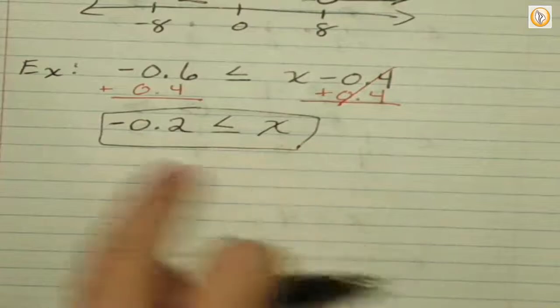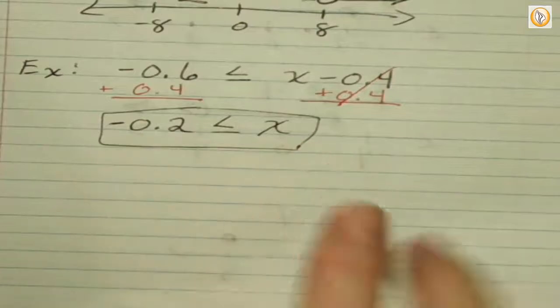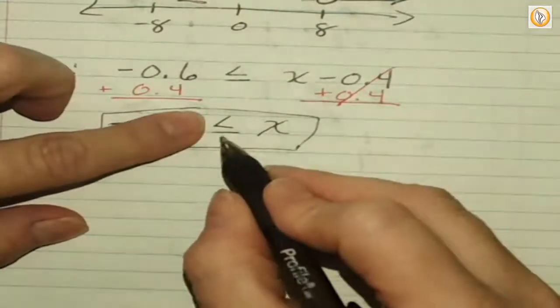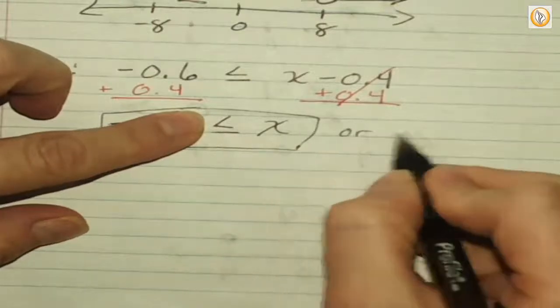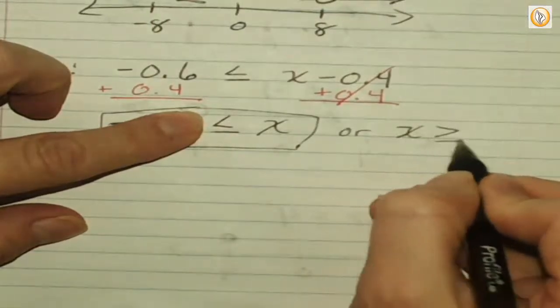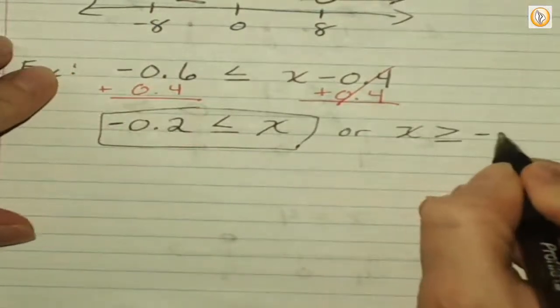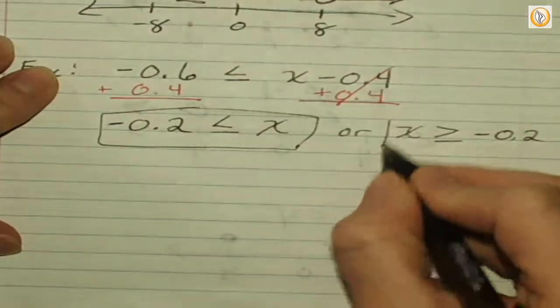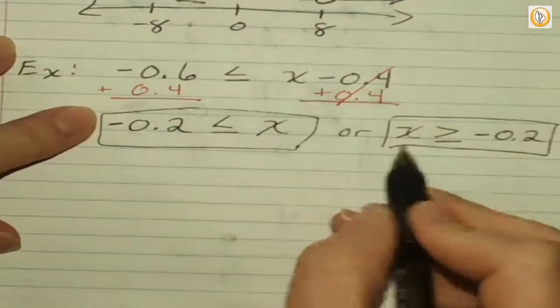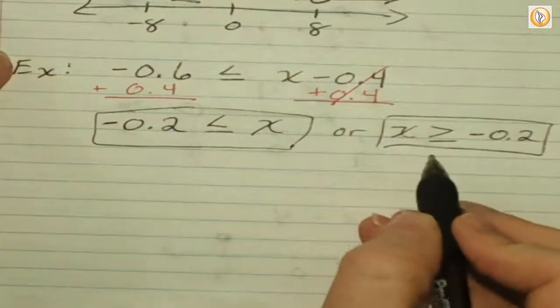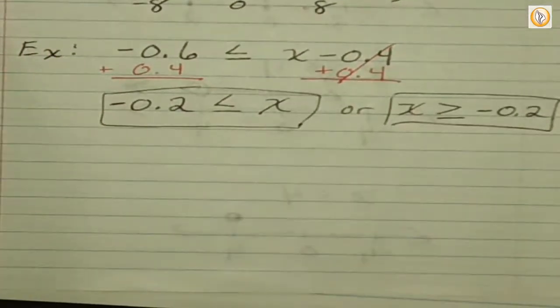You can move it, but look, it's saying x is greater than or equal to, so you have to make sure the sign is still facing the correct place. See how it's pointing to the negative 0.2? It should be in both of these. Isn't that supposed to be that flip thing? No, that's only when you're dividing and multiplying by negatives.